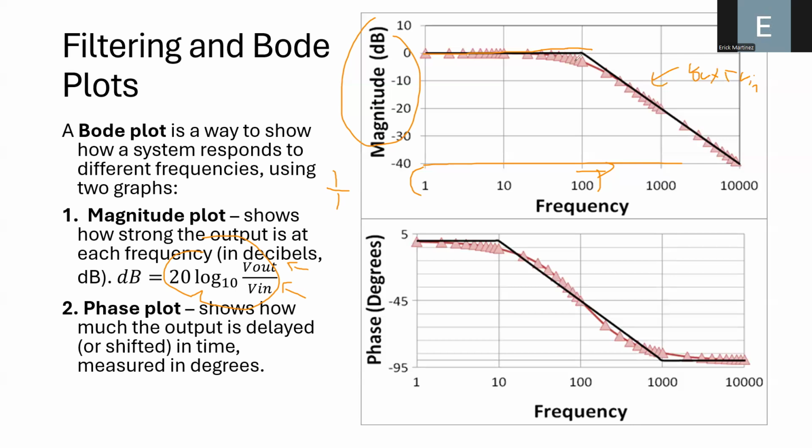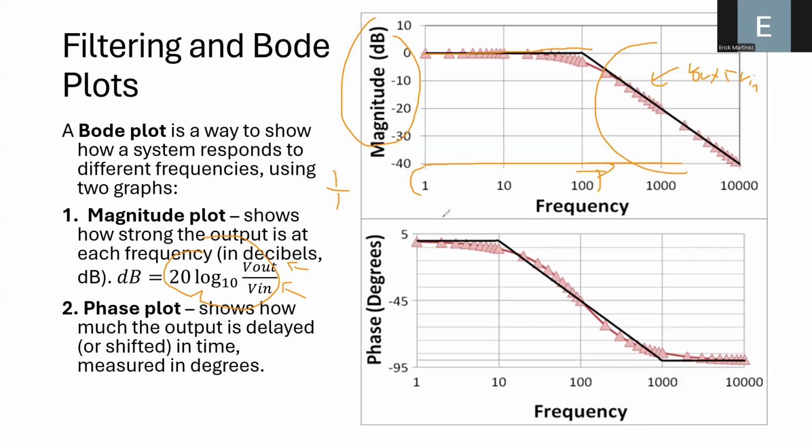That's why we have negative decibels. This means that for frequencies greater than 100, the signal would be attenuated. In other words, we are filtering the information that is contained in that frequency region, okay? Based on that, we can design filters, because if we know that the noise is present around this region, we can design an electronic filter that can attenuate or reduce that information.